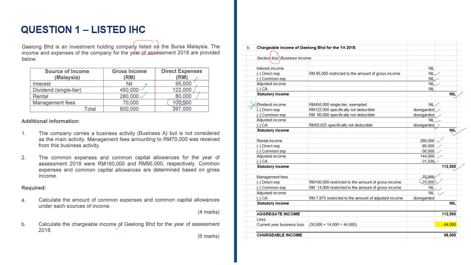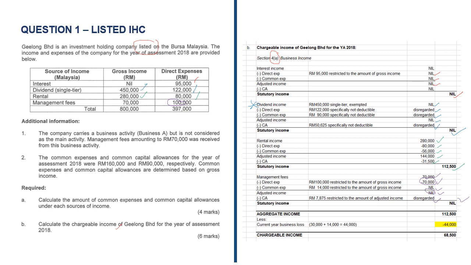Minus CA, tadi dah kira CA yang belong to management fee sebanyak 7,875. But since tak ada adjusted income tahun ni, so CA will be disregarded. Therefore, statutory management fee for this year adalah nil juga. Okay.